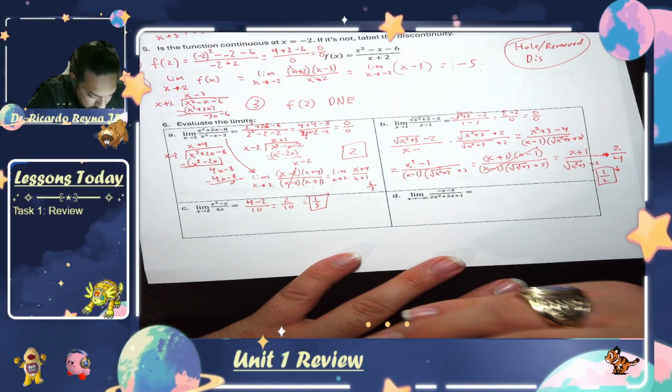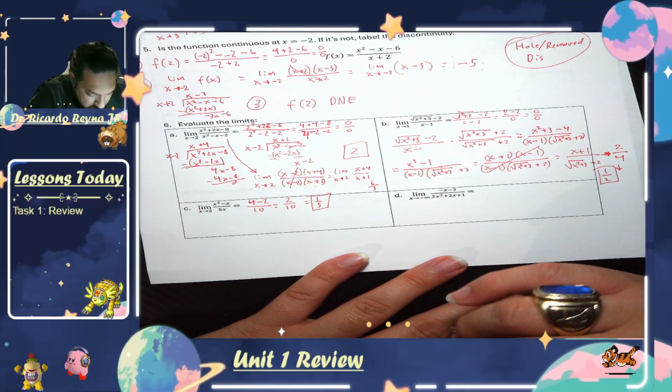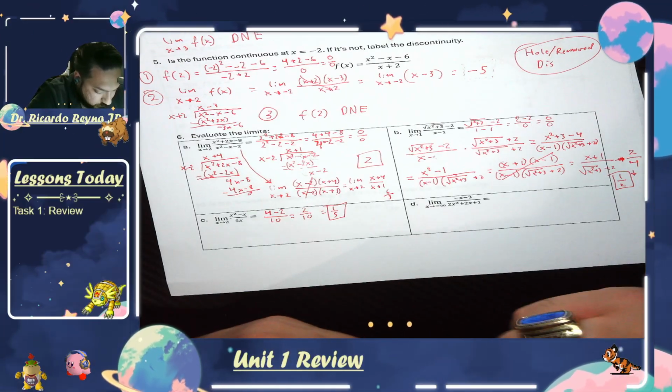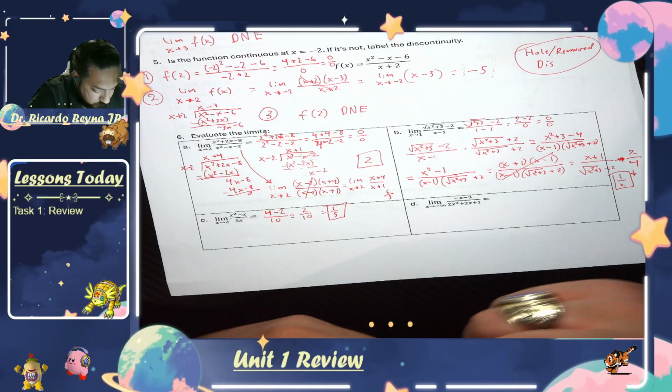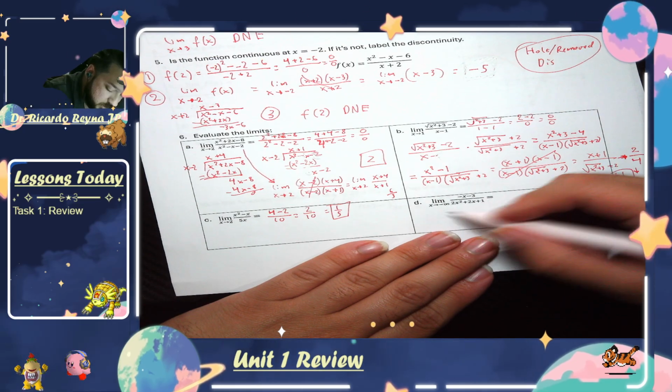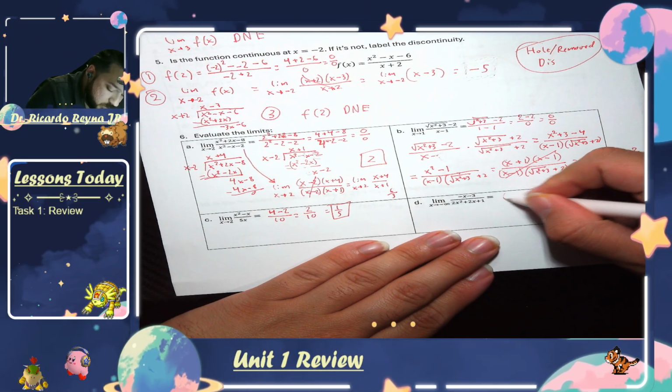For here, we have a bottom heavy function, so that means it's going to go towards 0.